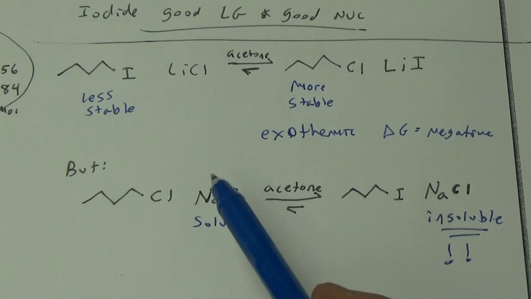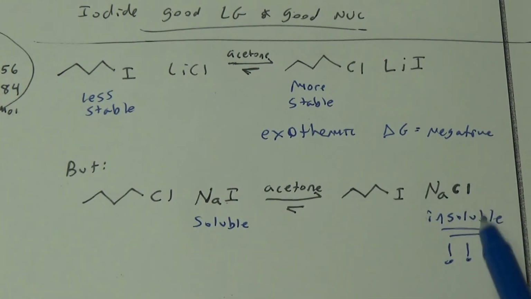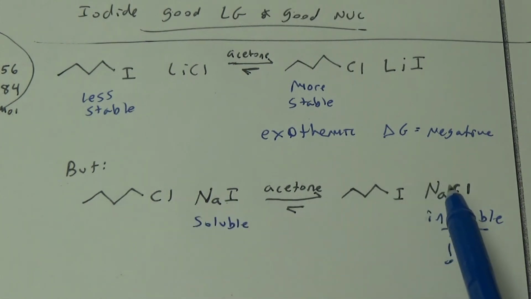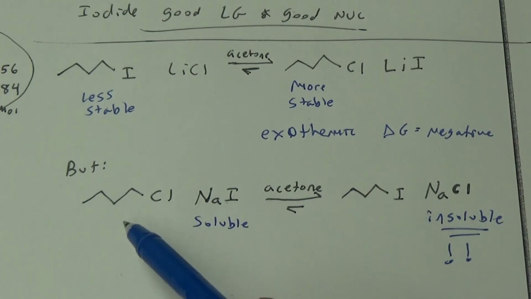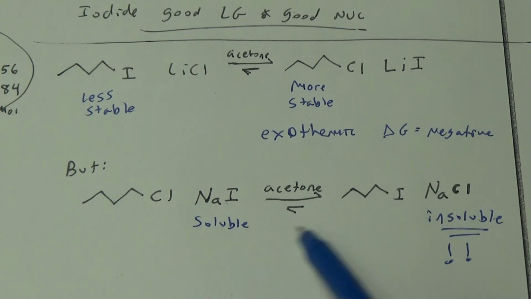If I have A plus B going to C plus D, and then I remove D because it gets insolubilized, that'll force the equilibrium to the right, regardless of the fact that these are a more stable thing and a less stable thing. I'm not violating thermodynamics.